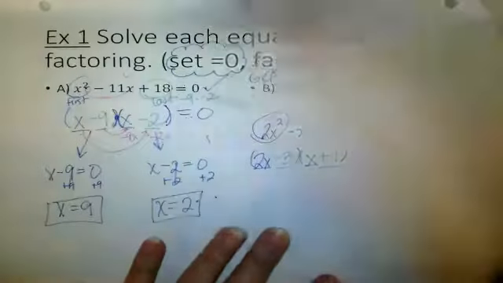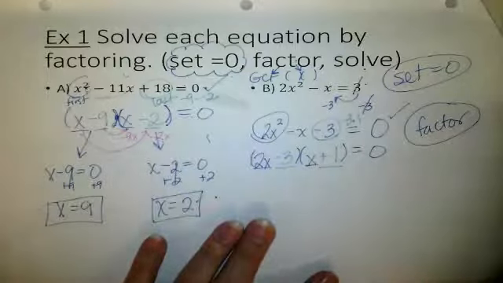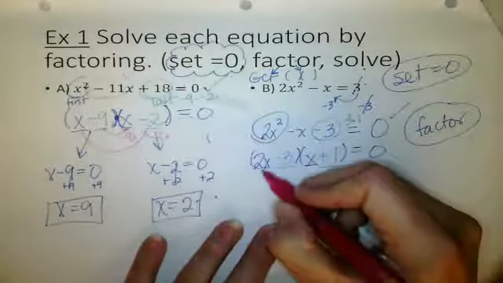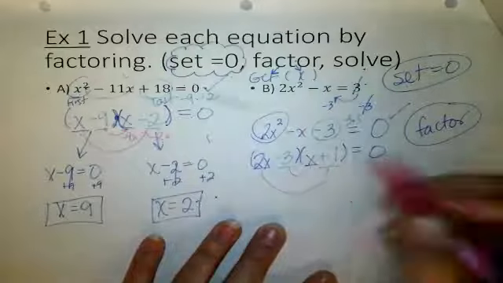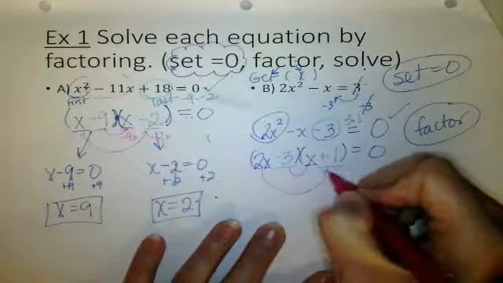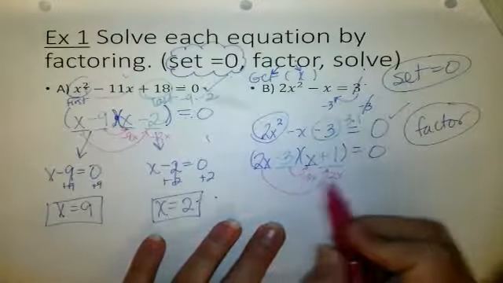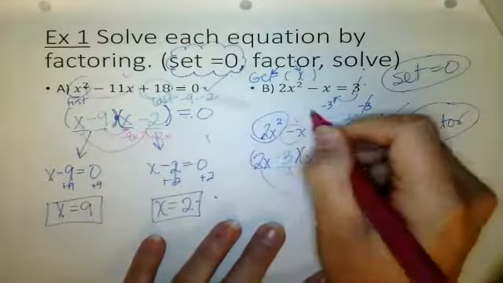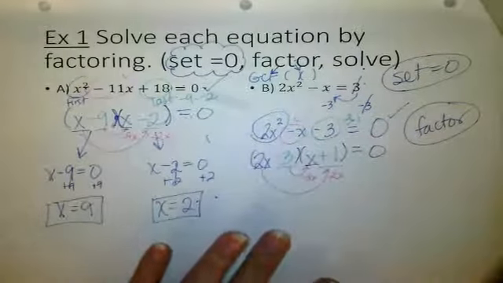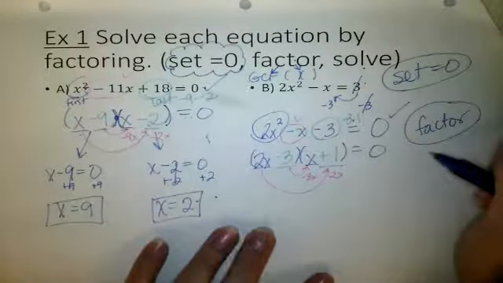How do I know if I did it right? Check the rainbow. So I'm going to double check. 2x times 1 is 2x. And negative 3 times x is negative 3x. Negative 3x and 2x is where that middle term comes from, negative x. Okay? Now that we have it factored, what do we do?